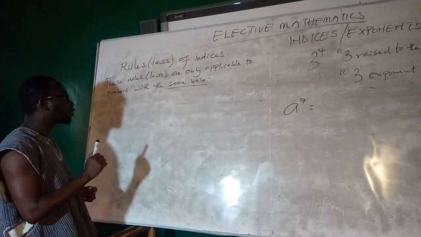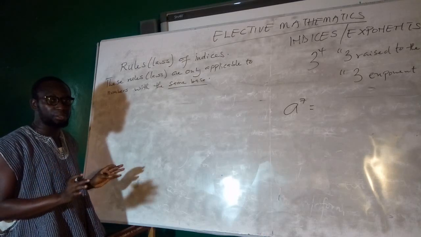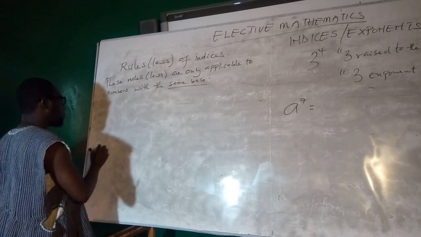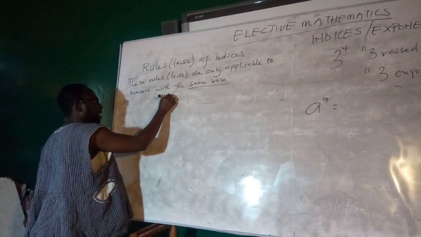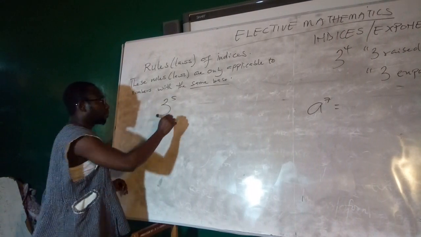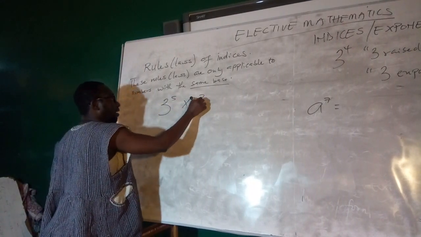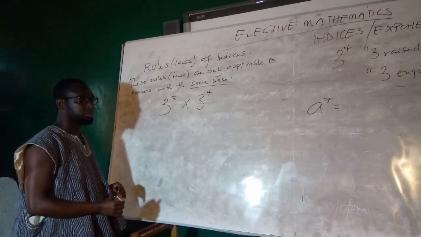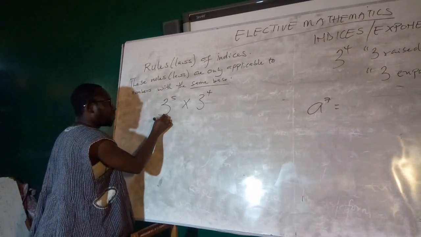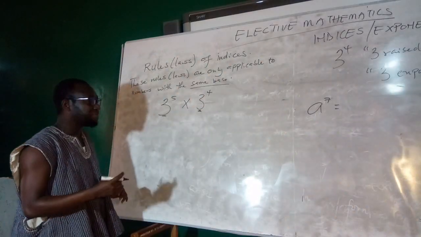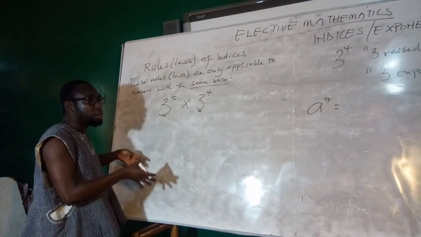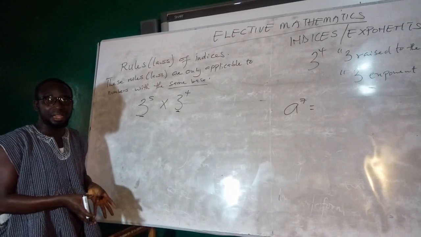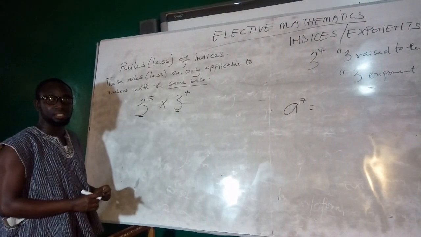We are saying that these rules or laws are only applicable to numbers with the same base. For example, when we write 3 with an exponent of 5 multiplying 3 with an exponent of, let's say, 4. Now they have the same base of 3. Since they have the same base of 3, it means that the law we are about to state is applicable to such expressions.